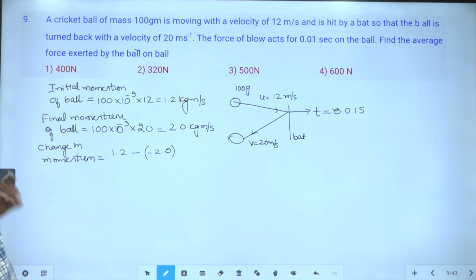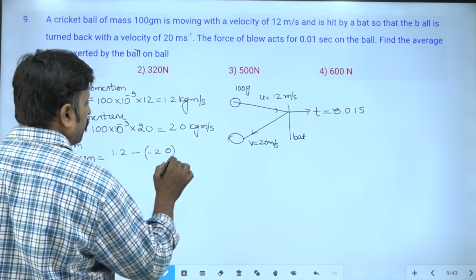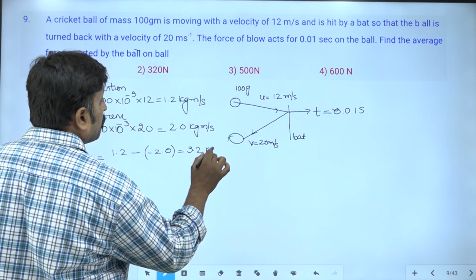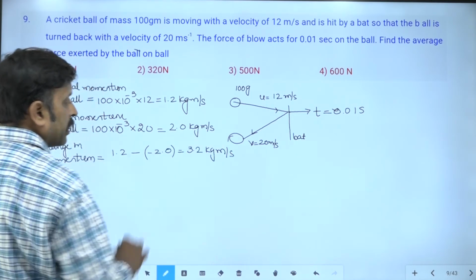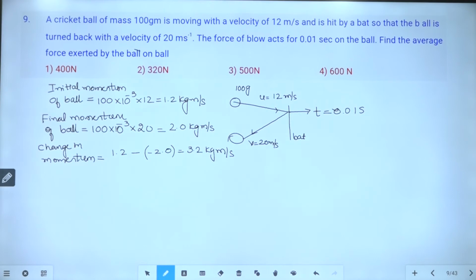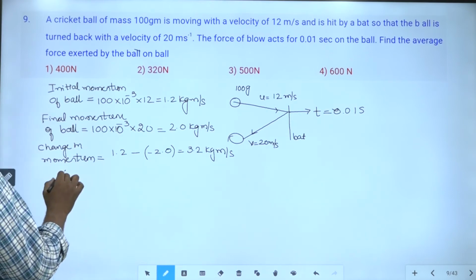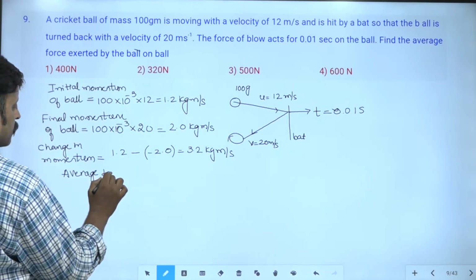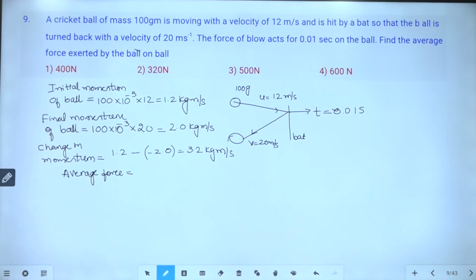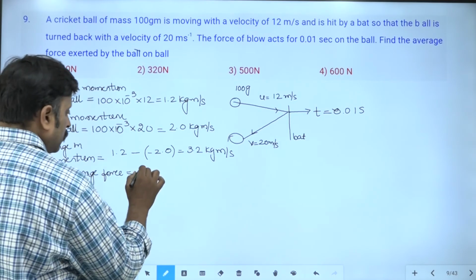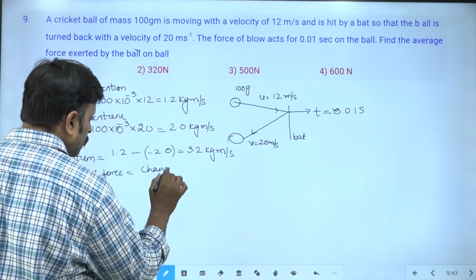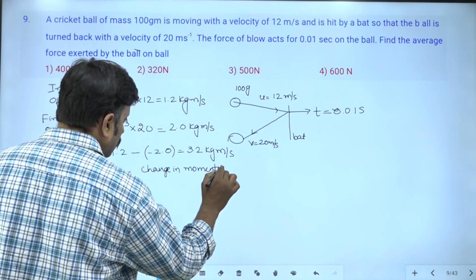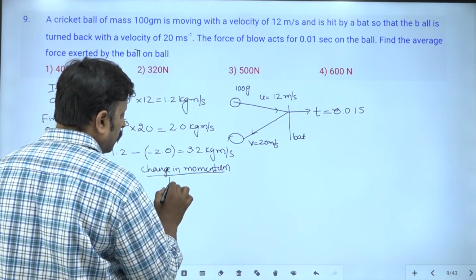Okay. So how much is this value going to be? 1.2 plus 2. Its value is 3.2 kg meter per second. Okay, the change in momentum. We know that average force is nothing but change in momentum by time.